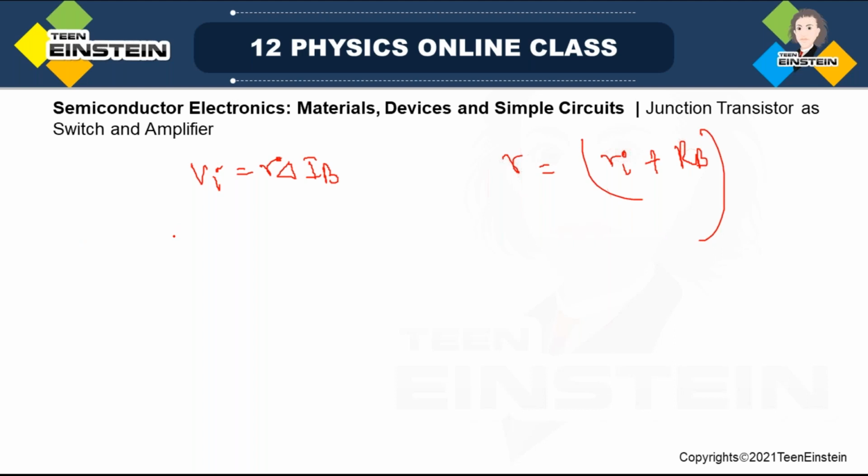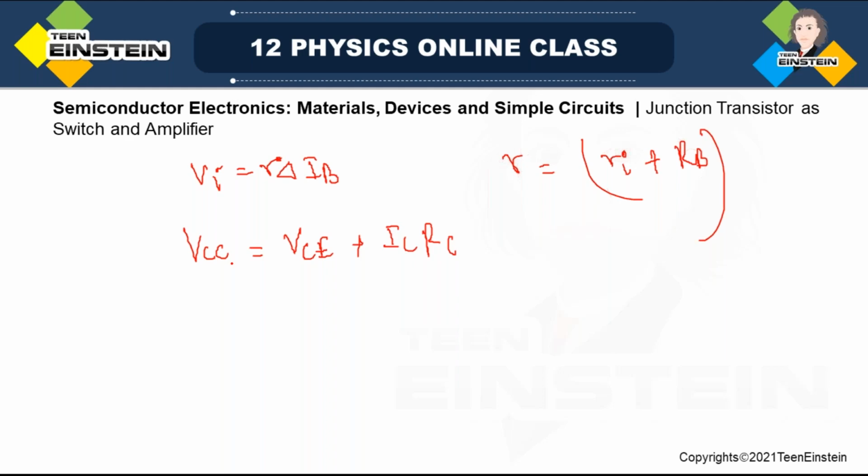Now I'll see similarly the output voltage. What we know, VCC, this is the battery biasing voltage, then it is VCE plus IC RC. So in this case also you will see the change in the output current. Since some sinusoidal voltage is now superimposed on the input, your output will also be superimposed.